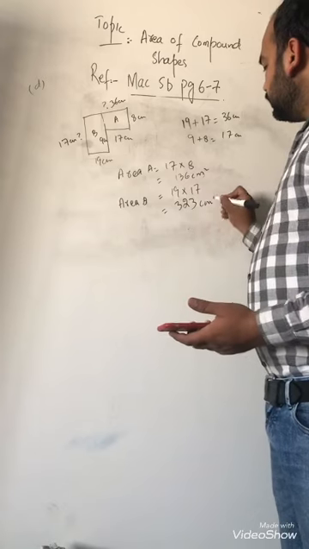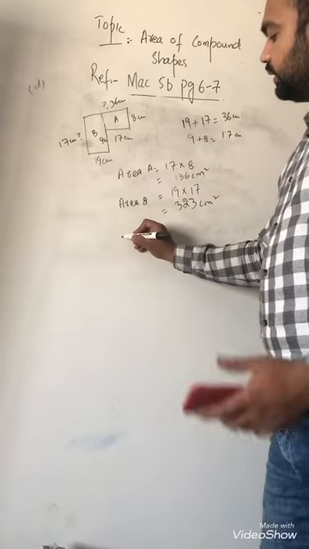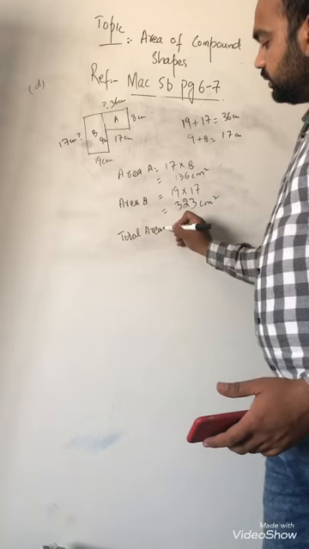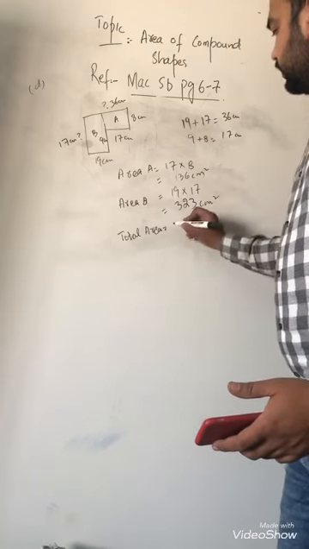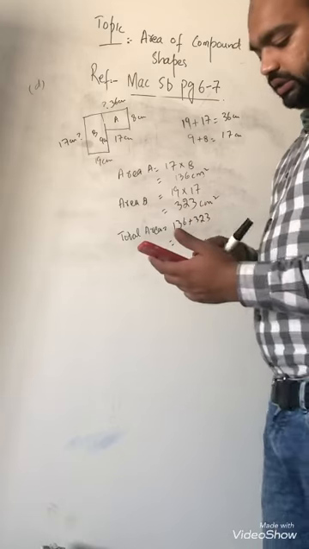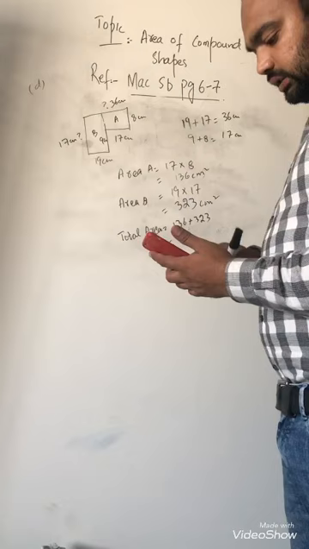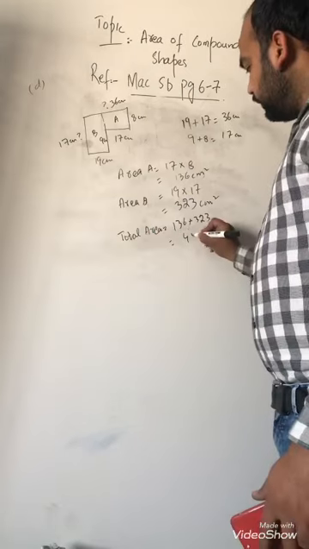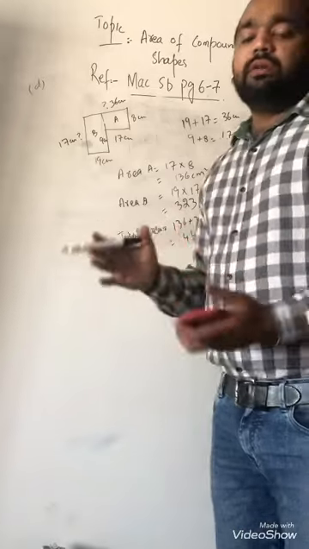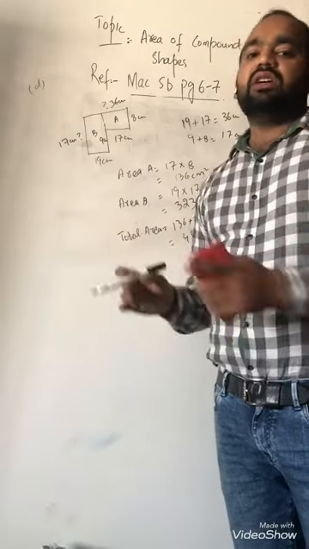Now I have got area A and B. Now I will write total area here. So I'll add both of them, 136 plus 323. Let's do it. The answer is 459 centimeter square.